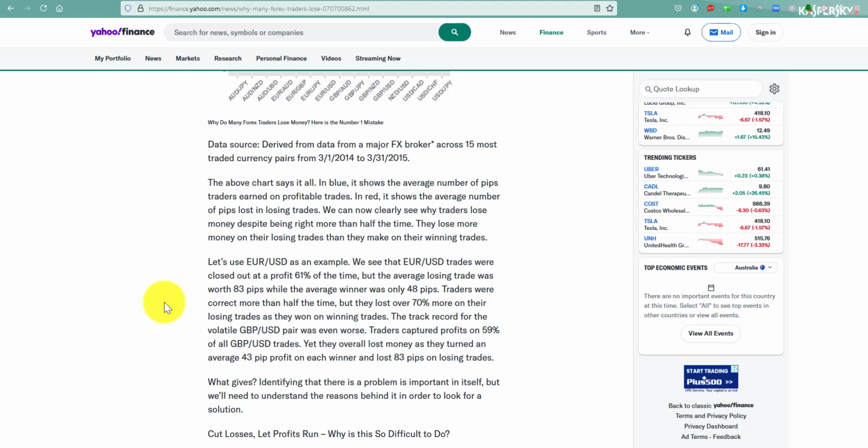So your winners are $200, your losers are $100. Or your winners are $2,000, your losers are $1,000. If you're 2-to-1, what does your win rate have to be in order for you to be a profitable trader? With a 2-to-1 reward to risk ratio, sorry.